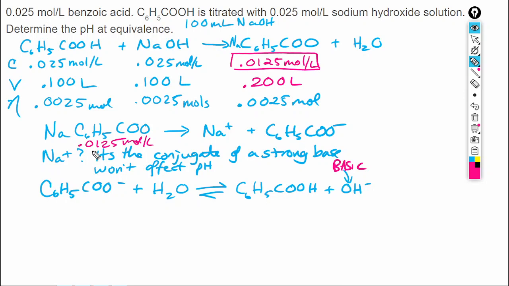So if my concentration of this is 0.0125, my concentration of this will also be 0.0125. Pay attention to that step because sometimes it's not a 1 to 1 mole ratio. Sometimes it's a 1 to 2 mole ratio, and so on. Okay, so what do I do next?